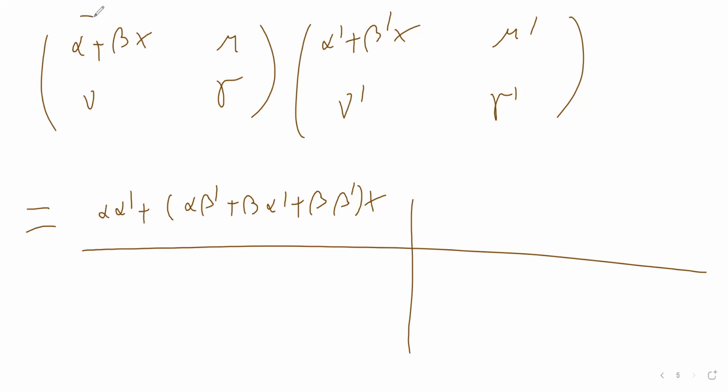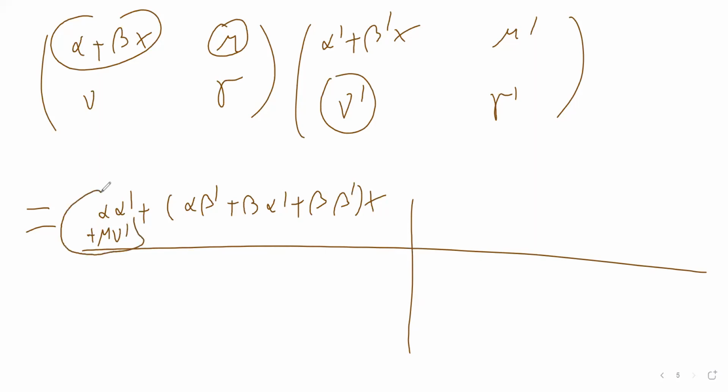Because this is just the result of multiplying this with that. Oops. But I also have to multiply mu with mu prime. Okay. So this is plus mu prime. Okay. So that part is in the field, and that part is the coefficient next to my non-trivial idempotent in the ring K2.